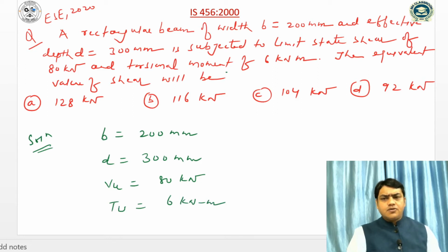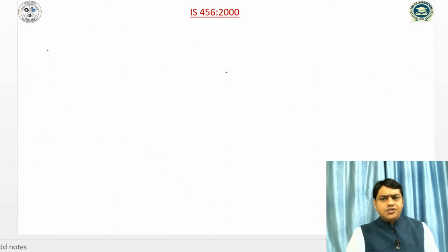The equivalent value of shear. So equivalent shear is equal to VU plus 1.6 TU by B.